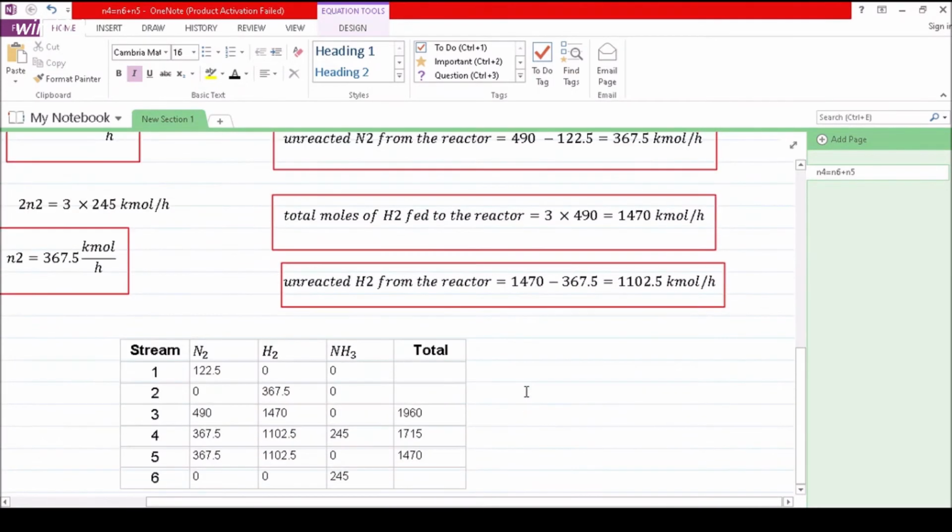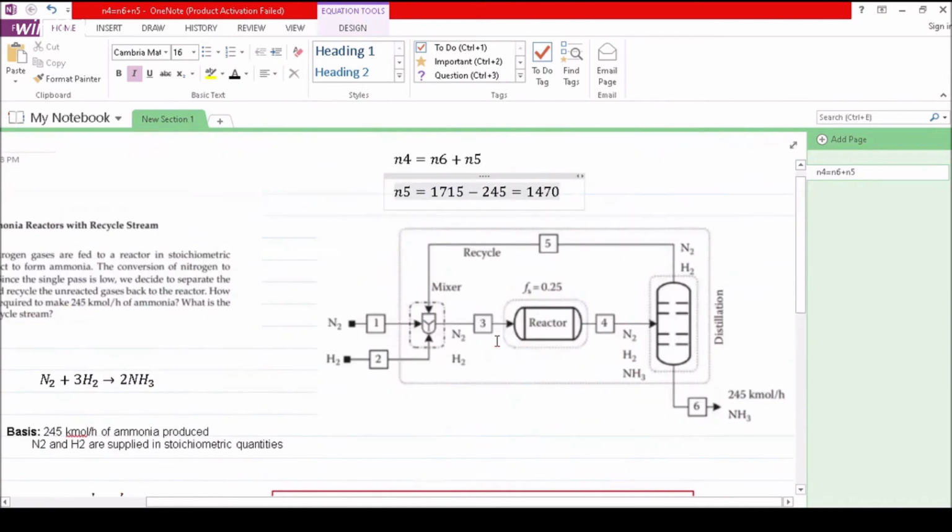So now that we have the values for our streams, we can then proceed to simulating our problem in DWSim.